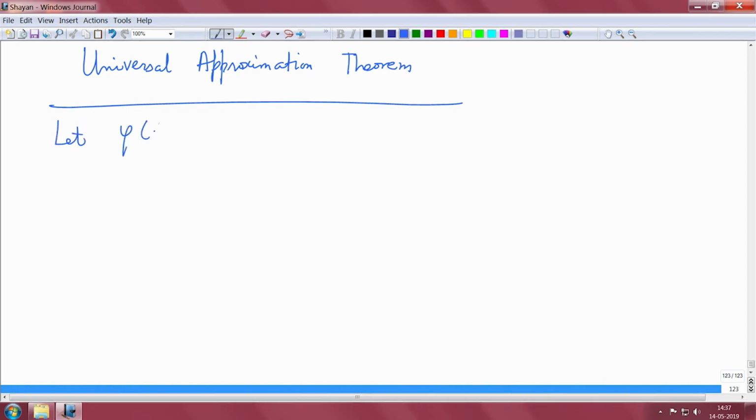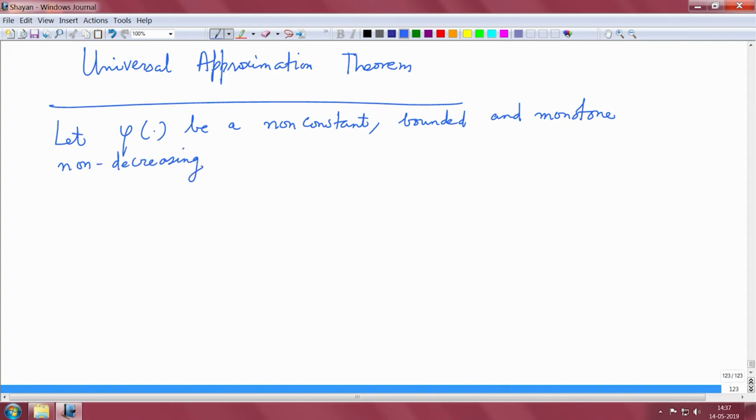Let phi be a non-constant, bounded, and monotone non-decreasing continuous function.